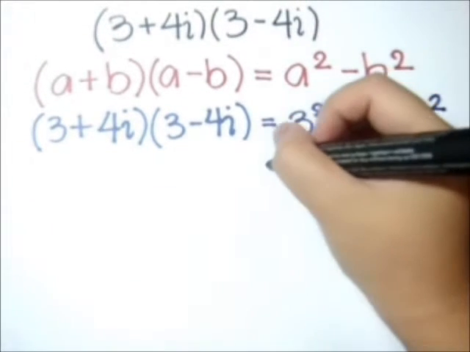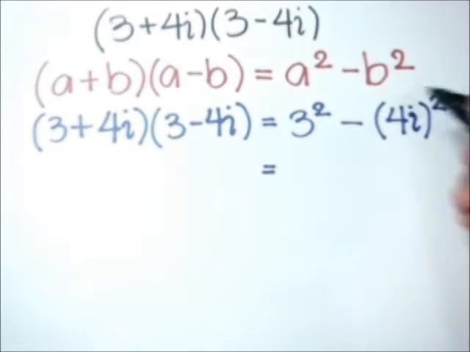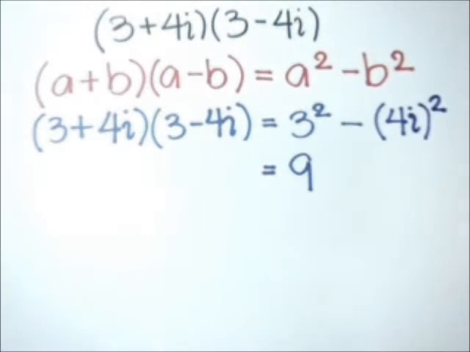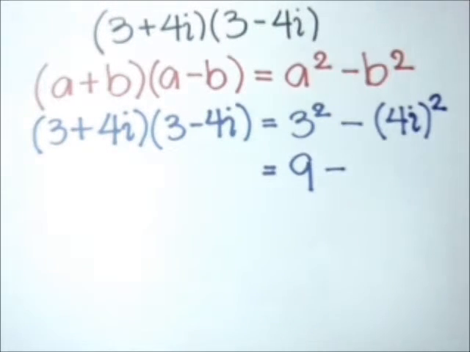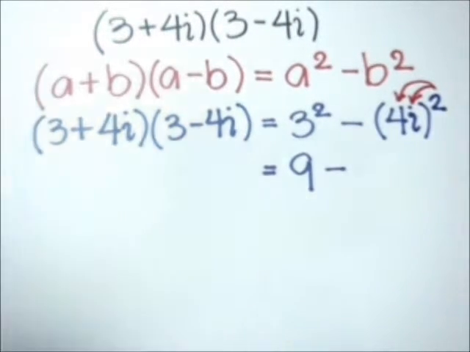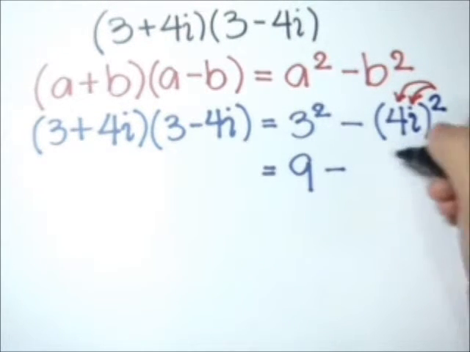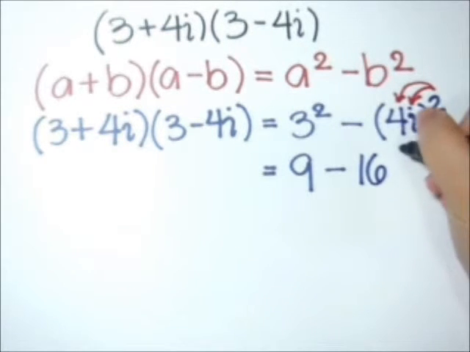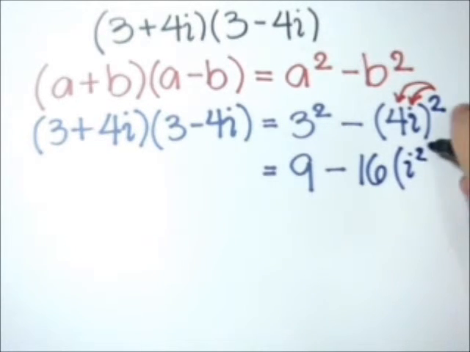3 squared is 9 minus, here we distribute the second power to 4 and i, giving us 16 times i squared, which is equivalent to -1.